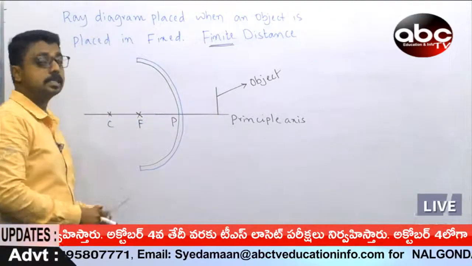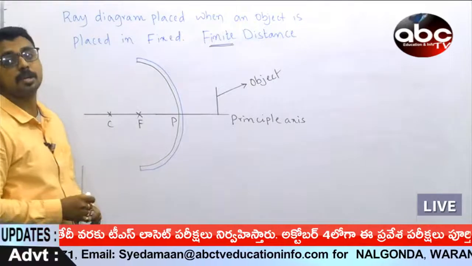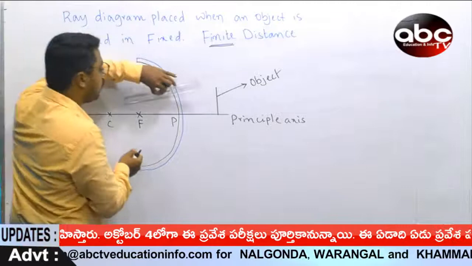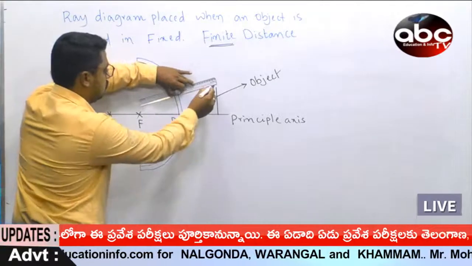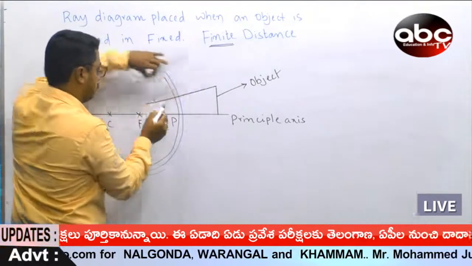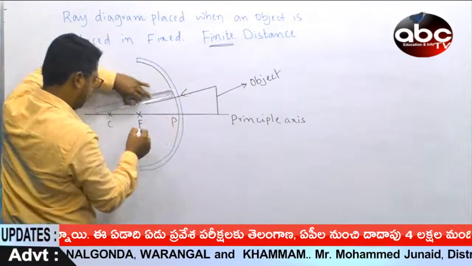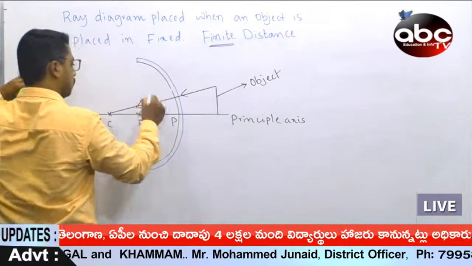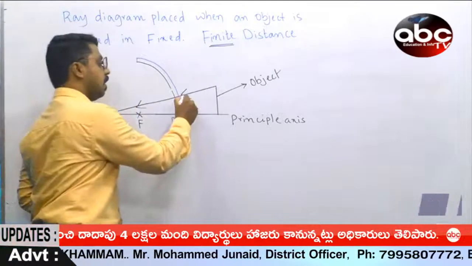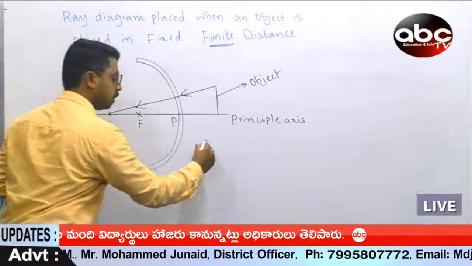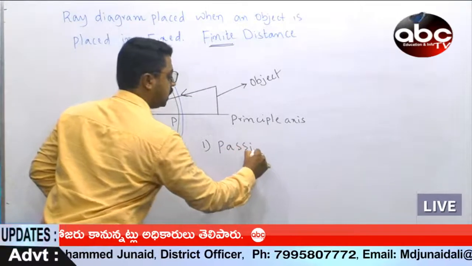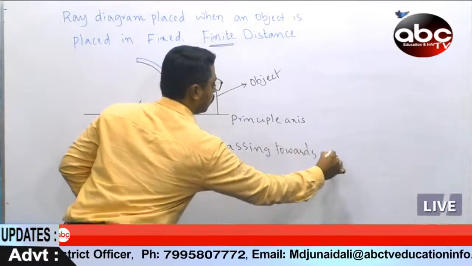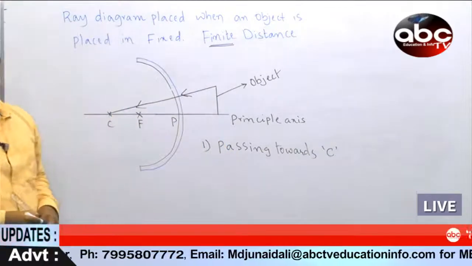Let us understand how the rays are going to result. So I am going to take ray 1, which is nothing but passing towards C, the center of curvature.